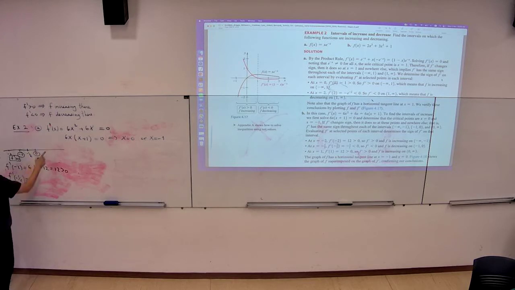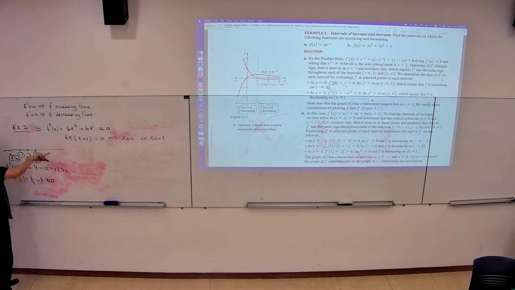We get 6 times negative 1/2 squared, so 6 divided by 4, and then minus 6 divided by 2, that's 3. So you get here, that's actually negative. The 6 minus 12, that's negative 12 divided by 4, isn't it? Negative. So f prime here is negative.